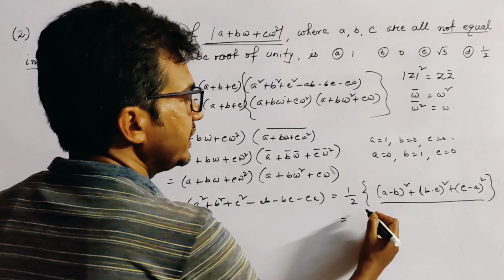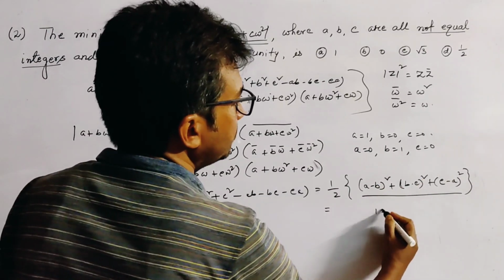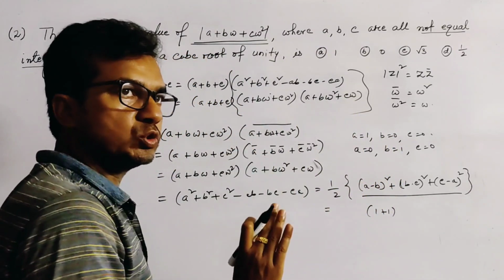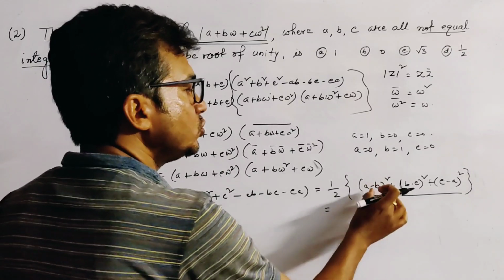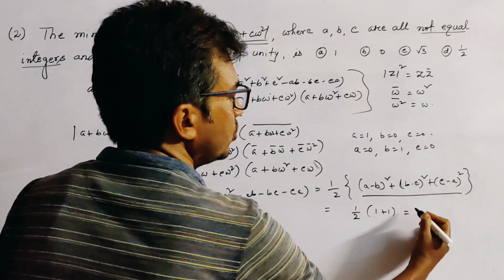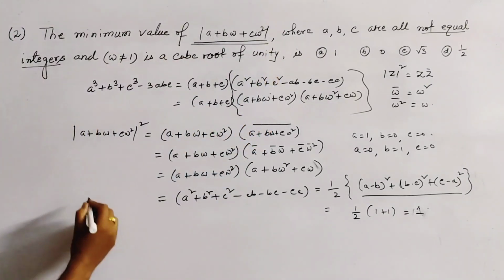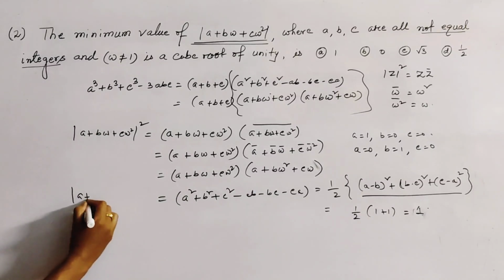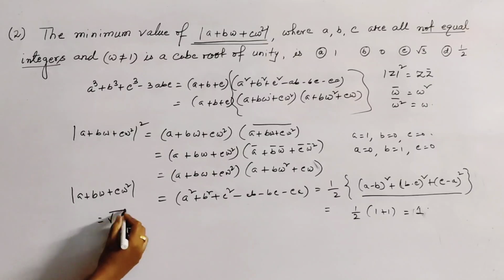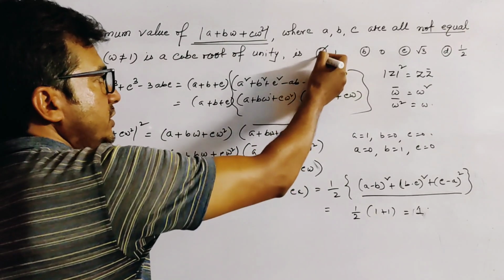So clearly the minimum value of this expression is 1, because if we take one of them as 1 and the others 0, then we get 2 from this, and this is into half, so this is 1. Now the minimum value of the expression mod of a plus b omega plus c omega square equals root 1, which equals 1. So our correct option is option A.